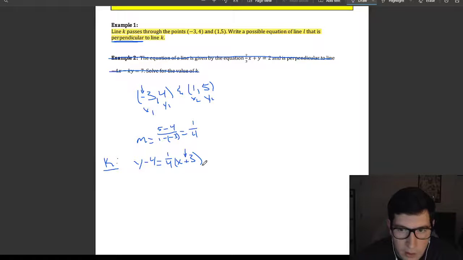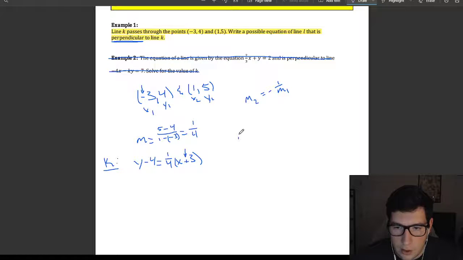So that's line K. Now I want to know what line L is, and line L is perpendicular to line K. So remember that when we're looking at perpendicular lines, the second slope should always be equal to the opposite reciprocal of the first slope. Mathematically, that's what that looks like.